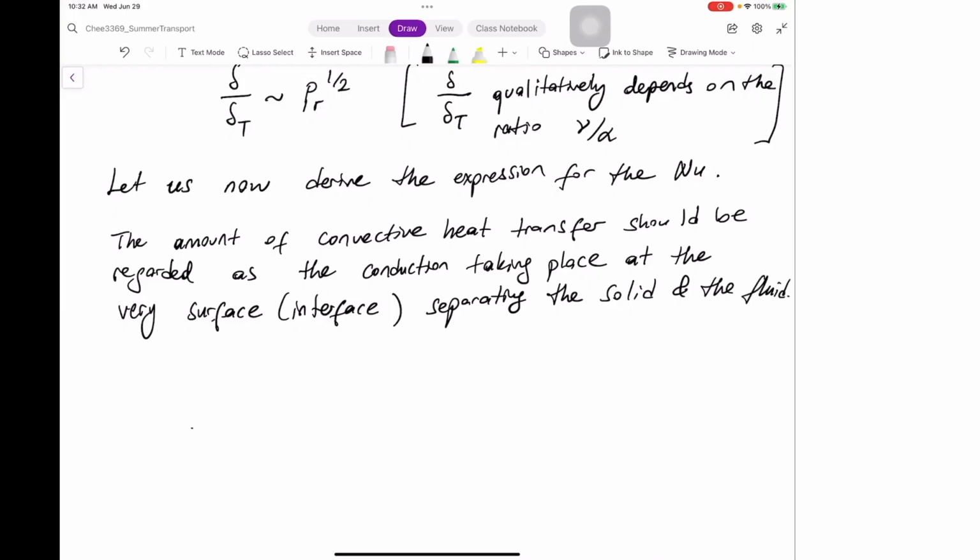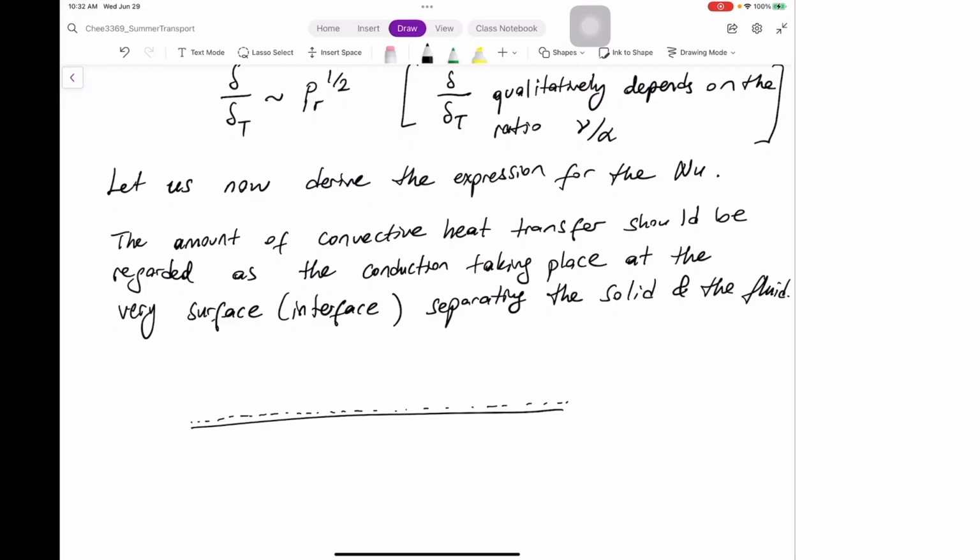I mean the following. Imagine that there's a very small infinitesimal layer of fluid here. I'm not talking about the delta, the boundary layer thickness.